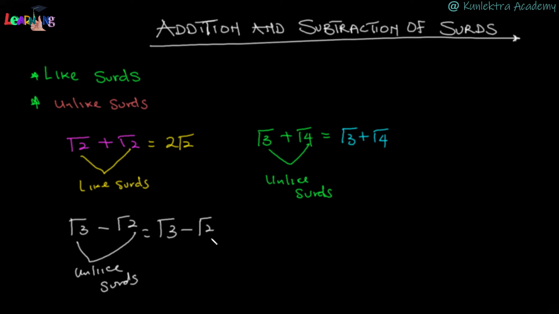But in a situation where you have 2 root 3 minus root 3, these are like surds, and they can be subtracted. 2 root 3 minus root 3 is root 3. How we got it is going to be explained soon.